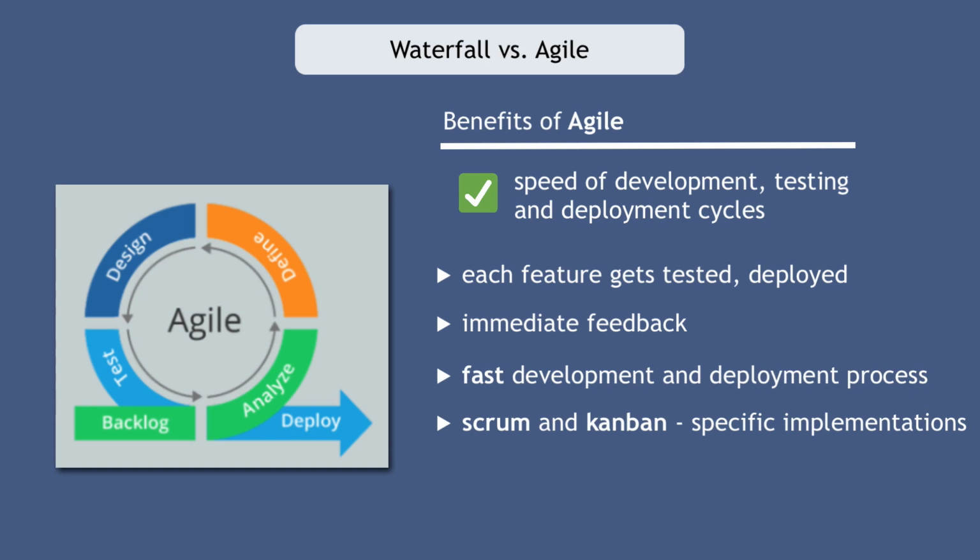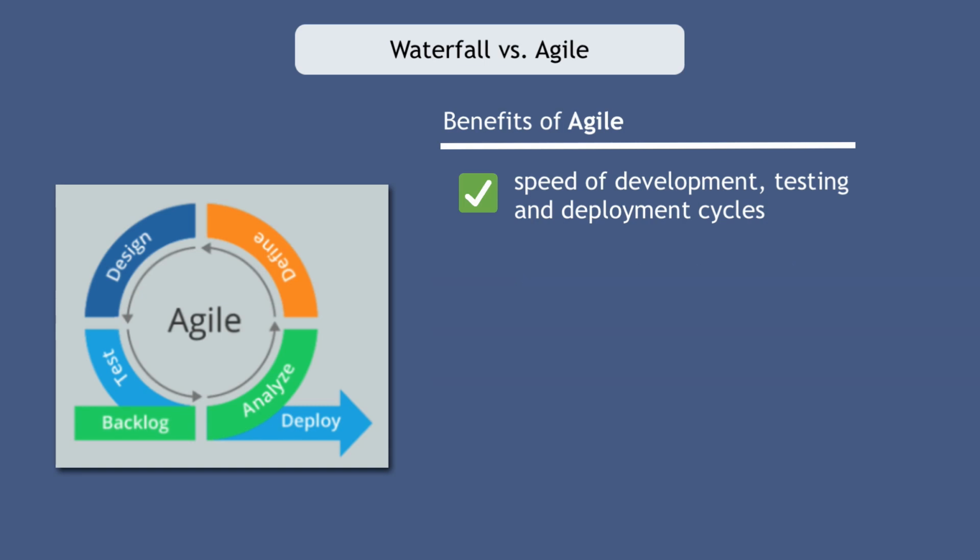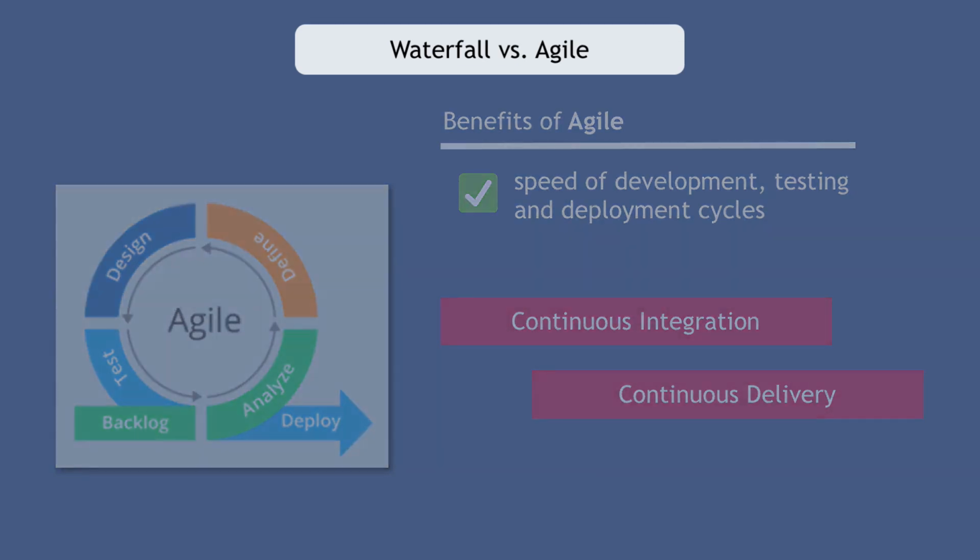However, the important concept to take away here is that Agile basically is at the heart and at the core of the continuous integration and continuous delivery process, which has become the thing that a lot of companies strive towards in order to make their software development and delivery processes much more efficient.